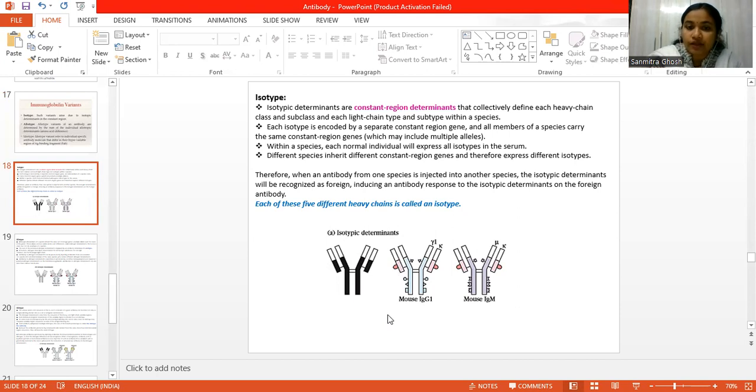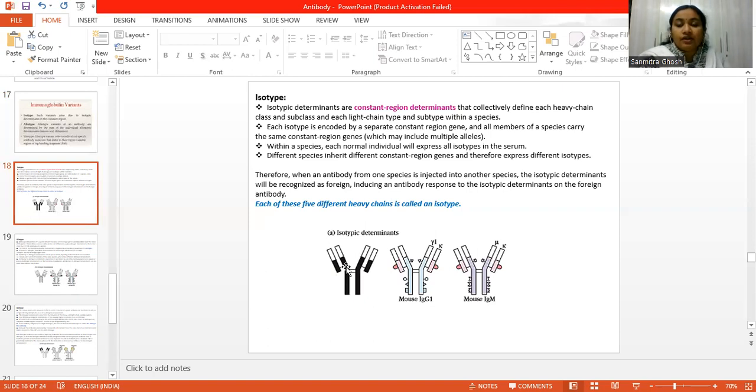We know that this topmost white portion coincides with the Fab portion, the variable portion, and the rest of the portion is the constant region. That means here the amino acid sequence is more or less conserved between all the individuals of the same species. So isotypic determinants are the constant region determinants which collectively define each and every heavy chain class and subclass and each light chain type and subtype within a single species.